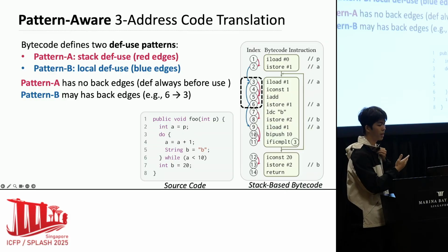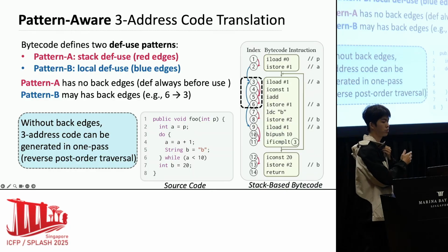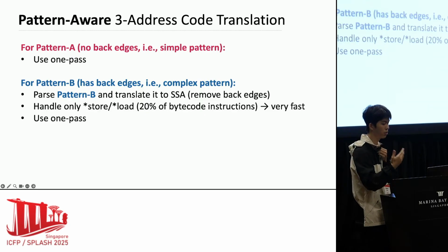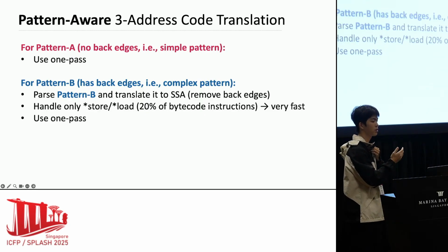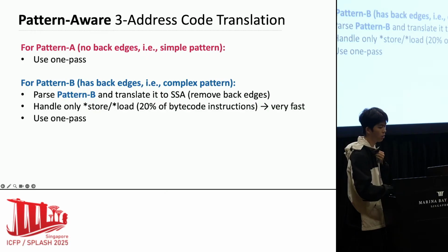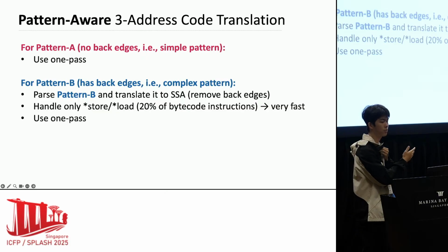So what problem does this cause? Without the back edges, we can generate 3AC in one pass using reverse post-order traversal. It's simple and fast. So in our approach, we use different methods to handle the different patterns. For pattern A, without back edges, we can use one pass to generate 3AC. It's simple and fast.